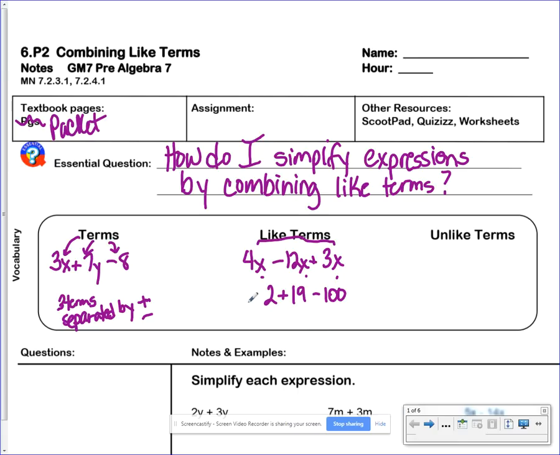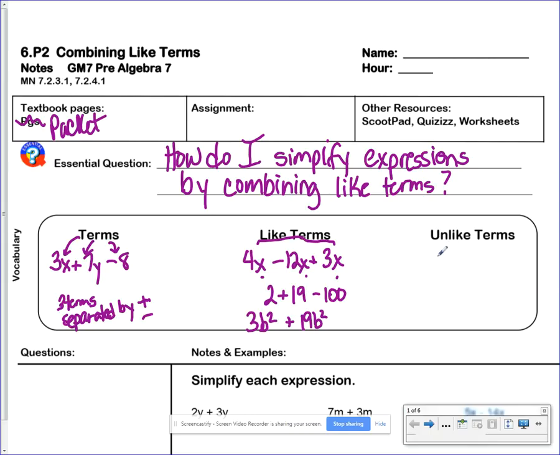Those are like terms. Or maybe I have something like 3b squared plus 19b squared. Those are the same type of term, because I have the same variable and they're raised to the same power. So those are like terms.